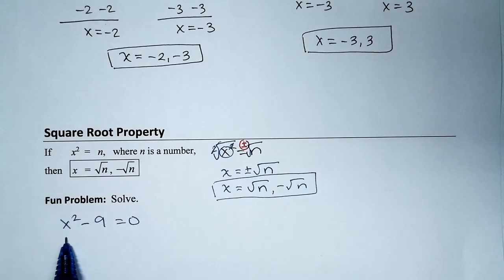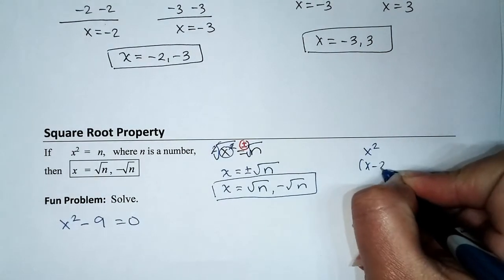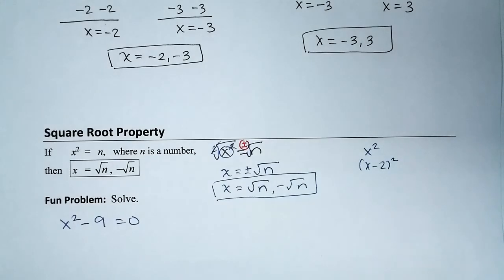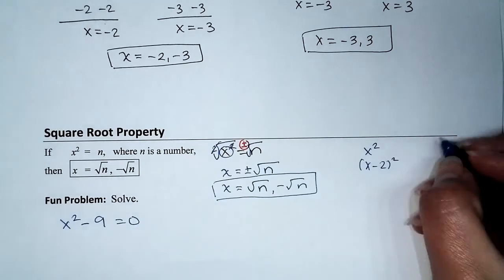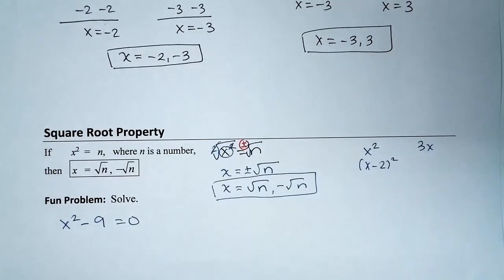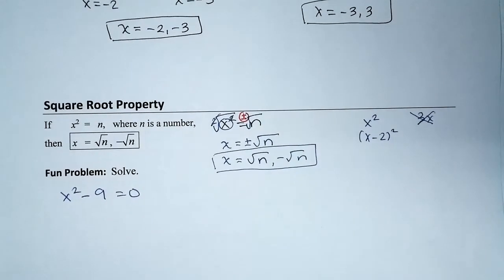The reason why I say squared part is because this is not limited to a variable squared. It could be a variable squared, or it can be a quantity squared. Okay, so if we have a squared part and a number part, extra number parts are fine, you're good. What we don't want to see is a loose linear term, so like a loose x. Okay, what do they say? No bueno. Yeah, cool.